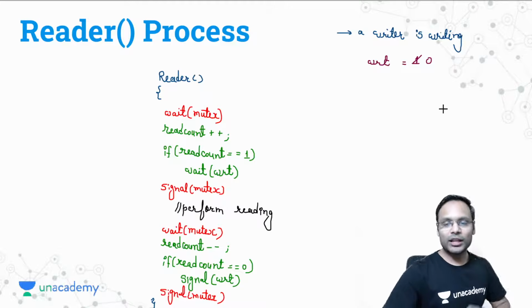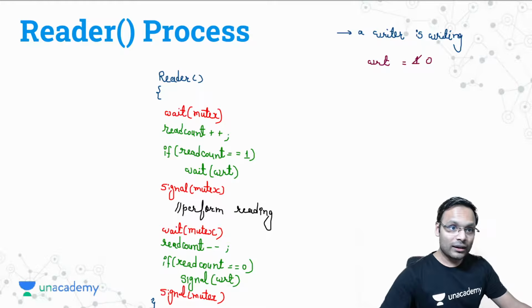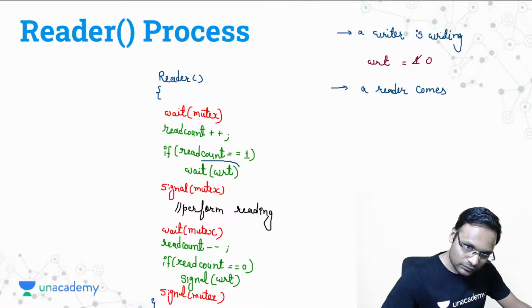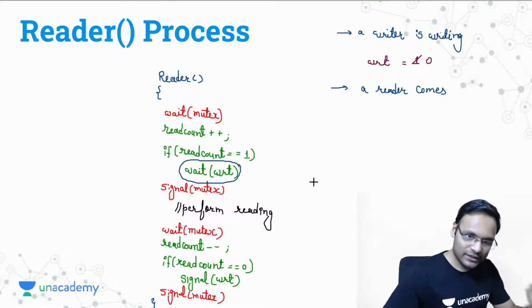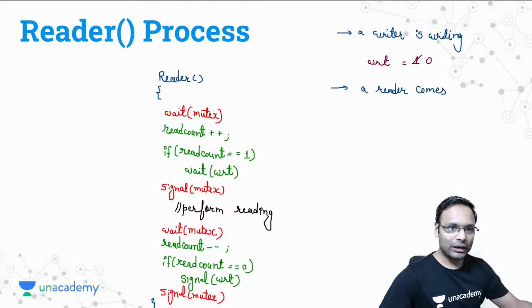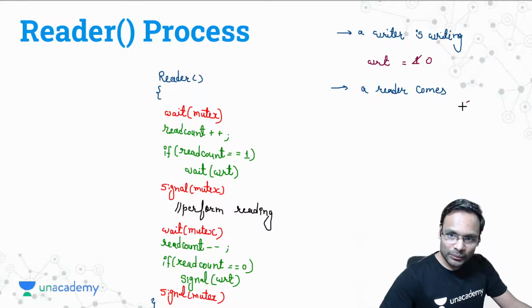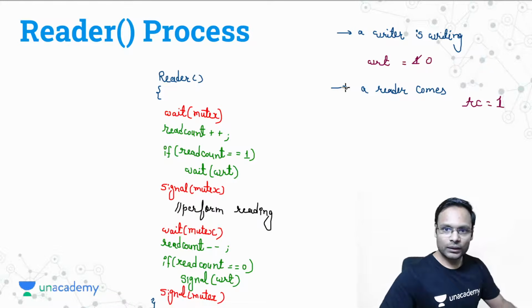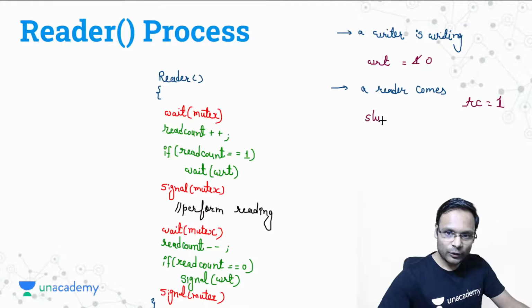Now a reader comes. When the reader comes, that reader will get stuck here. The very first reader will come here, read count becomes 1, and the reader will be stuck at wait WRT.